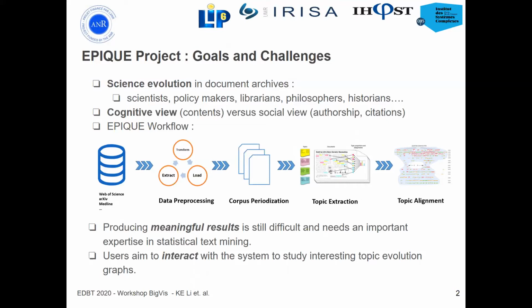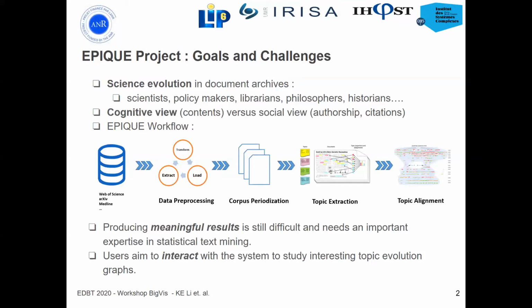In the following step, each corpus period is analyzed by a topic model. The output of the topic model describes each topic as a weighted term vector, and then topic term vectors are compared with an appropriate similarity measure for aligning topics from different periods. Then we will obtain an evolution graph.